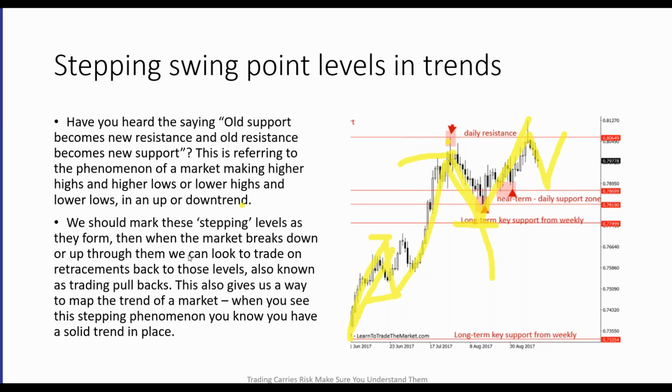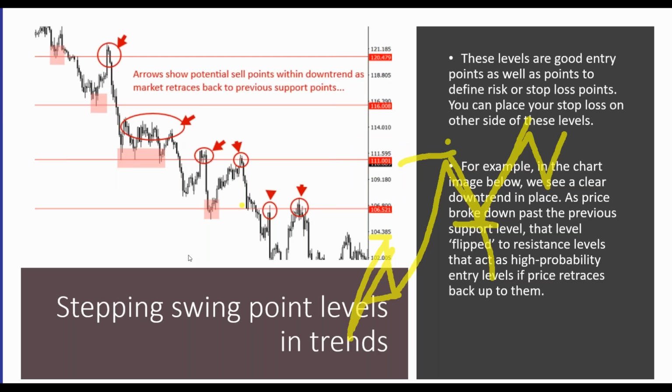And it helps you diagnose whether you have a good trend or a trend is about to reverse itself or move into consolidation. Now, these levels are good entry points as well as points to define risk and stop loss. You can place your stop loss on the other side of these levels. For example, in the chart image over here, we see a clear downtrend in place. As price broke down past the previous support levels, that level flipped to the resistance level and acts as a high probability entry level if price retraces back above them.